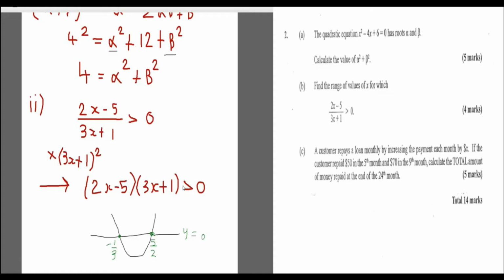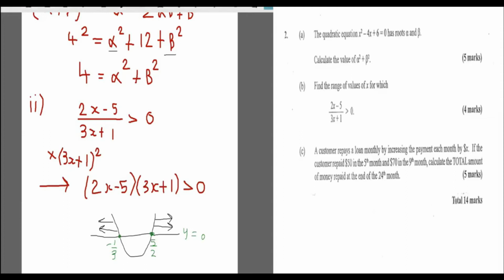But they're asking us for when this is going to be greater than 0. It's going to be greater than 0 out here. So the function is greater than 0 when x is less than this value or when x is bigger than that value. Nice and easy.